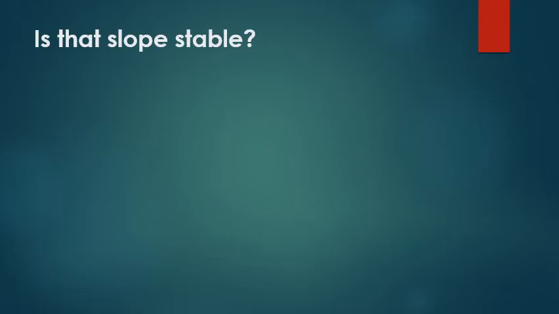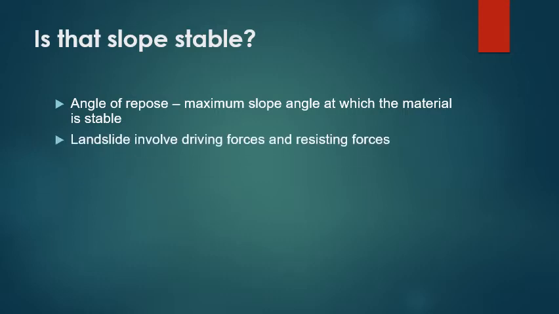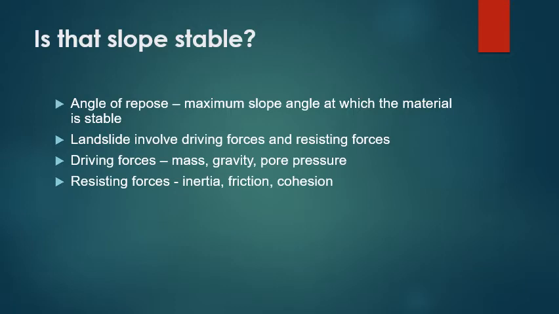Next topic is angle of repose. We define angle of repose as the maximum slope angle at which the material is stable. Landslides involve driving forces and resisting forces. Driving forces can be the mass of the material, gravity, or pore pressure.